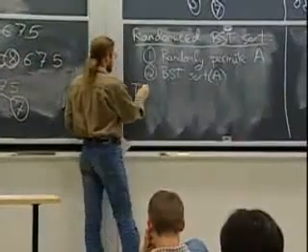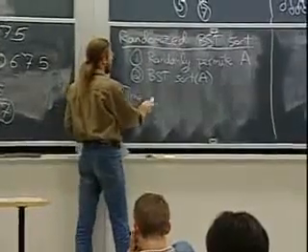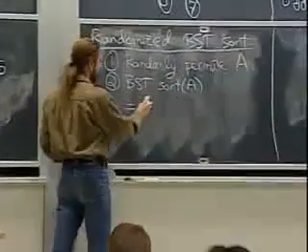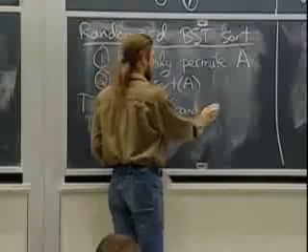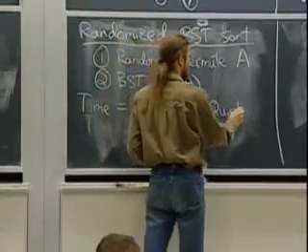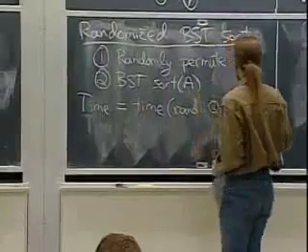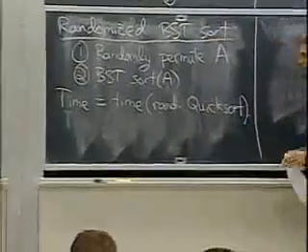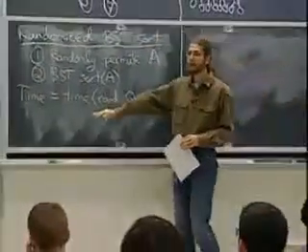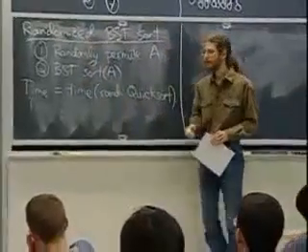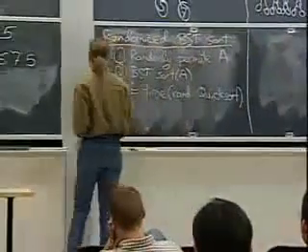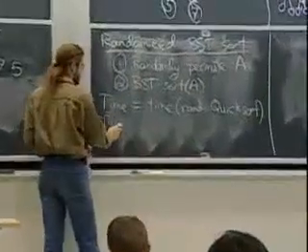Okay, so the time of this algorithm equals the time of randomized quicksort, because we're making the same comparisons, so the number of comparisons is equal. And this is true as random variables. The random variable, the running time of this algorithm, is equal to the random variable of this algorithm. In particular, the expectations are the same.